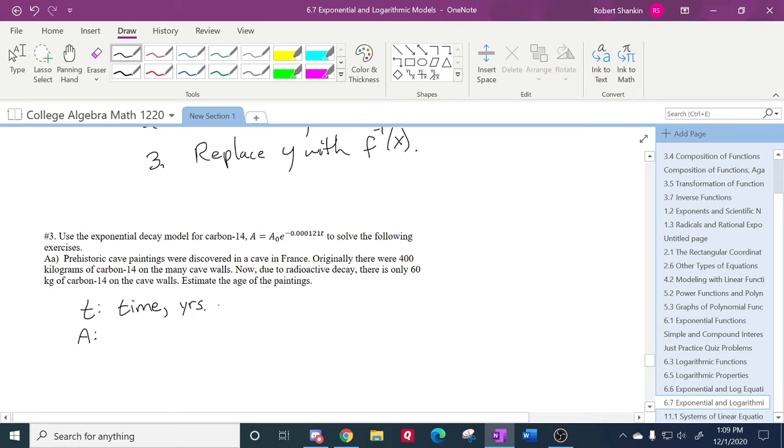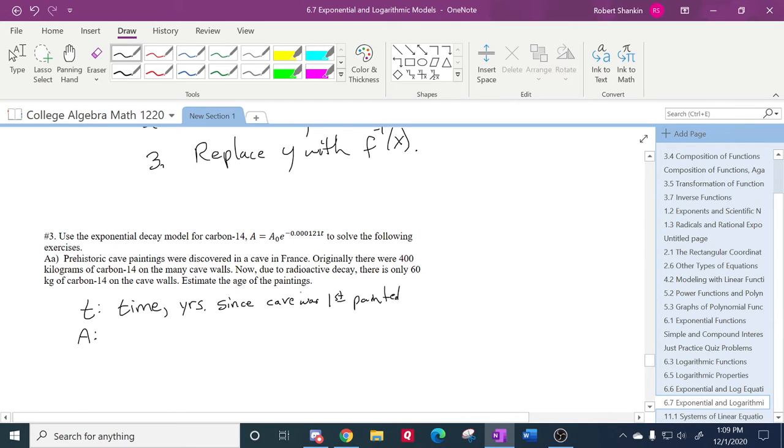Okay. Now, if we put it years since cave was painted. Cave was first painted. This would seem reasonable at first.